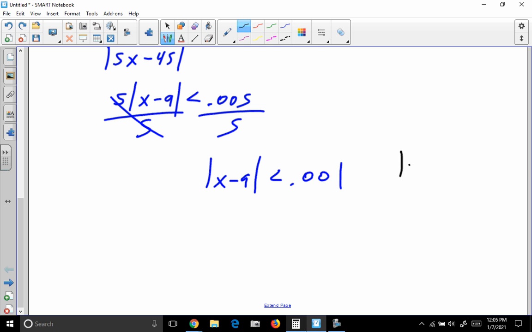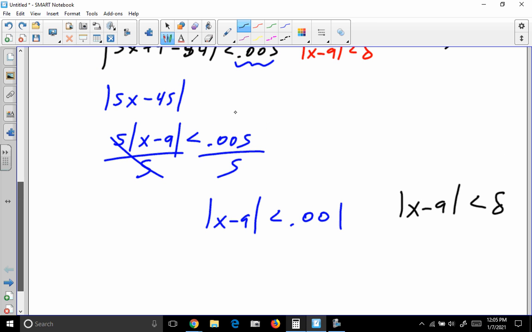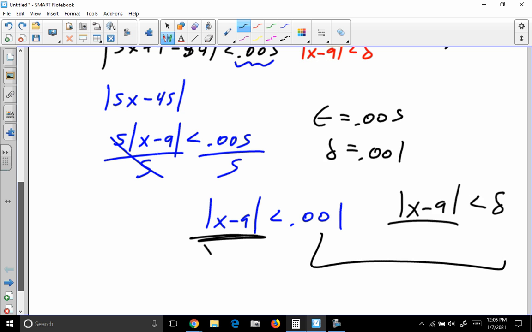Our other absolute value was x minus 9 is less than delta. So if we have an epsilon of 0.005, that corresponds to a delta of 0.001. Because if these match, then those match.